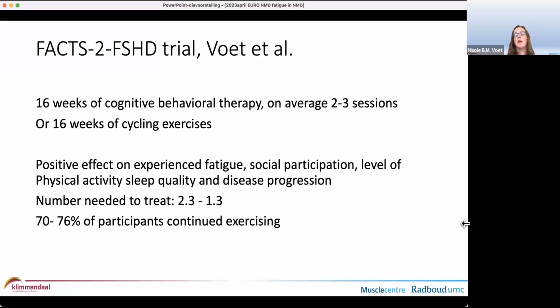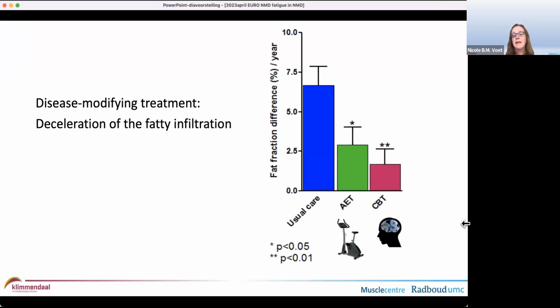Or in other words, only 1.3 patients had to receive cognitive behavioral therapy to treat one patient of his or her fatigue. And 70 participants in the cycling group and 76 participants in the CBT group continued exercising years after the trial. So it had a very long effect.